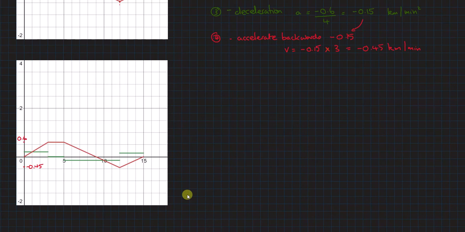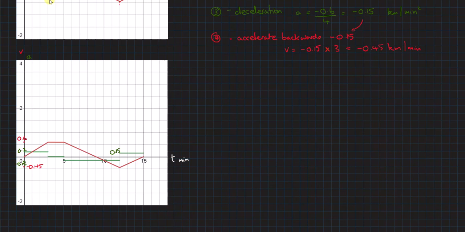We know all the timings. These are zeros, velocities, and we've got 0.6 here. Sorry, 0.2 on that one, minus 0.15 and 0.15. So we've got acceleration in green, and we've got velocity in red, time in minutes. So now we're going to try and work out what distance does it cover.